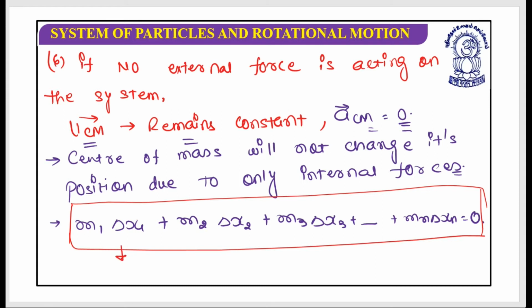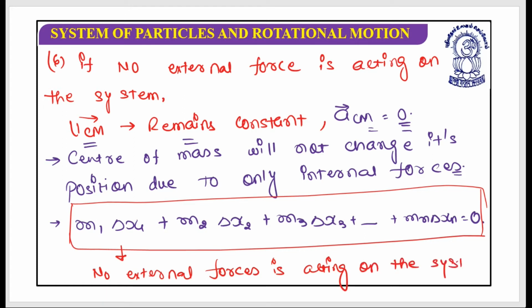This is applicable if no external forces are acting on the system and only internal forces are acting on the system. This formula has much wider applications than you can think at this point of time. I hope this is clear.